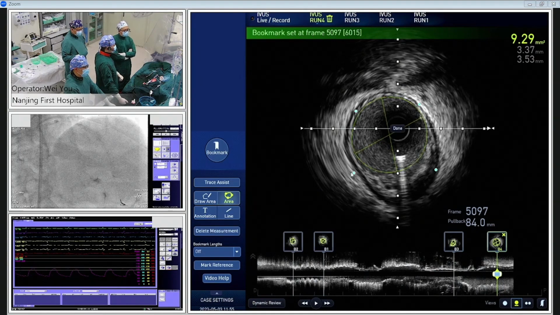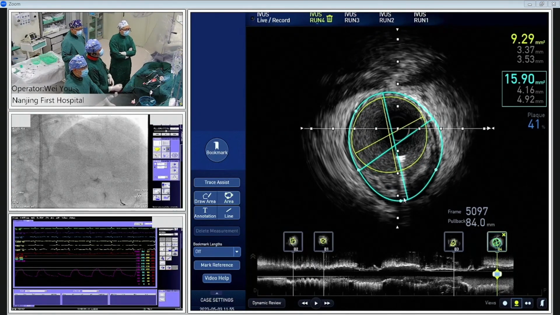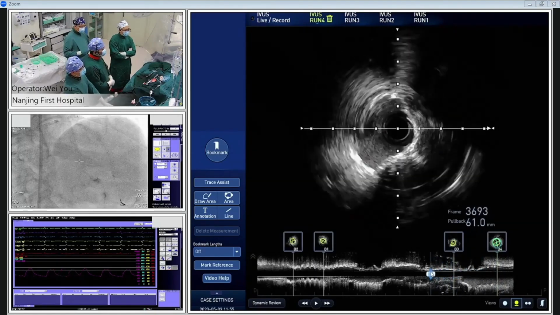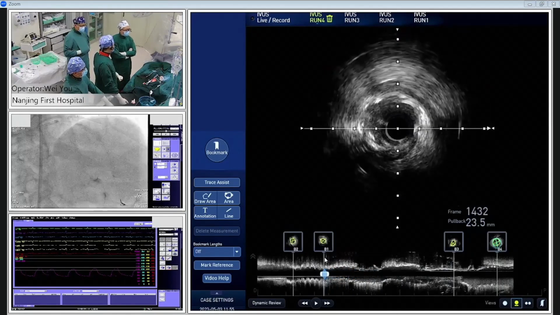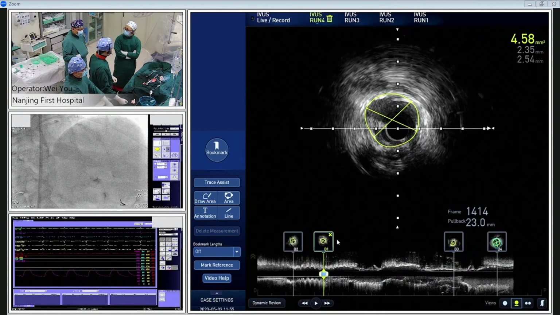Less than 50%, it must be less than. Okay, 41. So, Dr. Yu, according to the IVUS analysis, we have achieved the ULTIMATE optimal stent expansion. So we can finish the case. Yeah, sure. Okay, thank you, Chief.